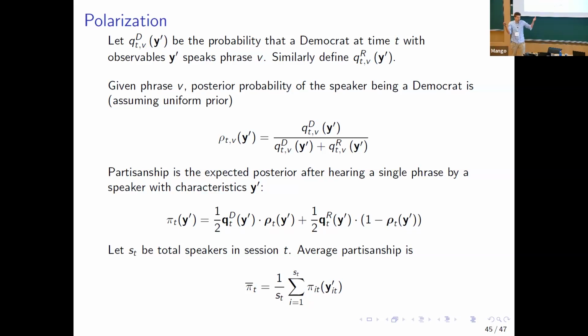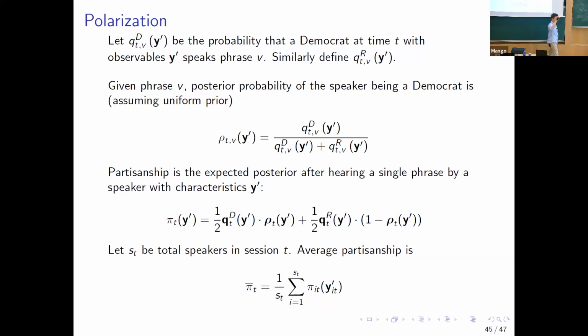That's been estimated in the Poisson model, conditional on their covariates. Then I would normalize the posterior by the sum of the Democrat and the Republican probabilities. That's just the posterior distribution of being a Democrat conditional on one randomly chosen word.